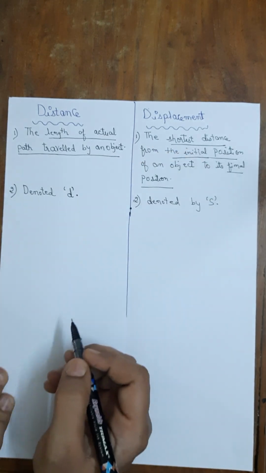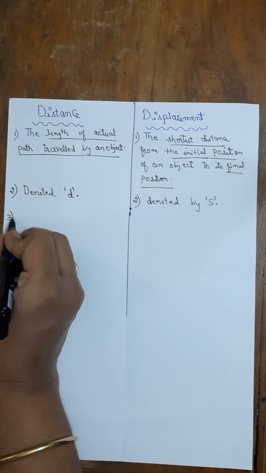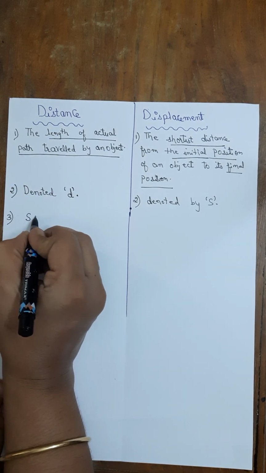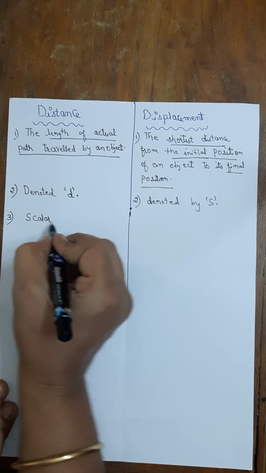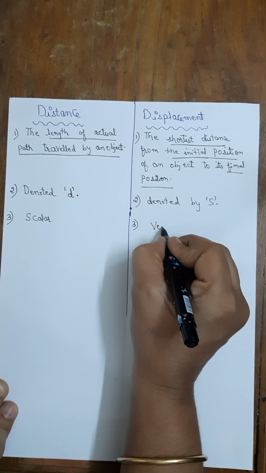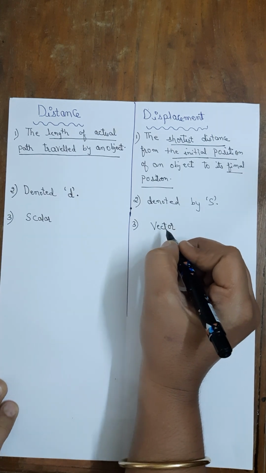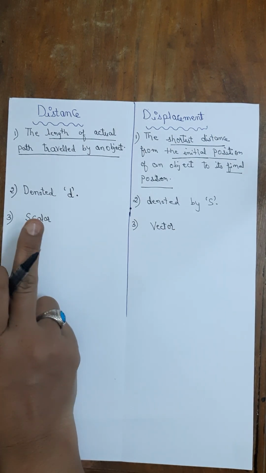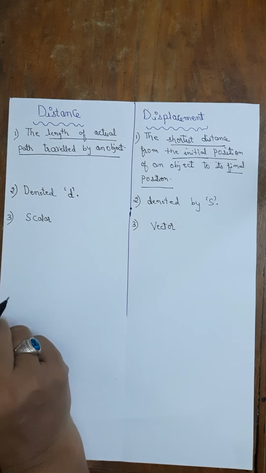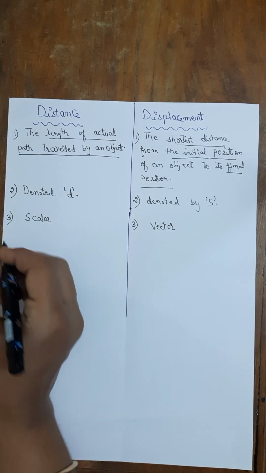Now the third point you can note down is that distance is a scalar quantity, whereas displacement is a vector quantity. So what does this mean, scalar quantity? It means distance does not have direction.